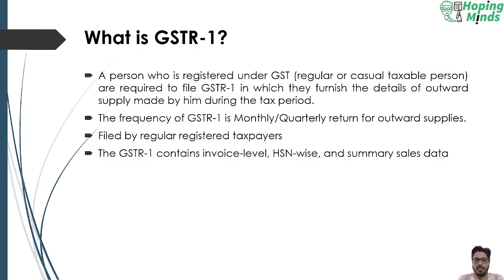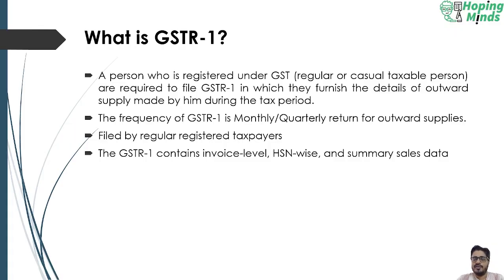So let us quickly recap what is GSTR-1. A person registered under the GST as a regular taxpayer or as a casual taxable person is required to file GSTR-1 return furnishing the details of their outward supplies during the reporting period. The frequency of GSTR-1 can be either monthly or quarterly depending on the turnover of the taxpayer in the preceding financial year.